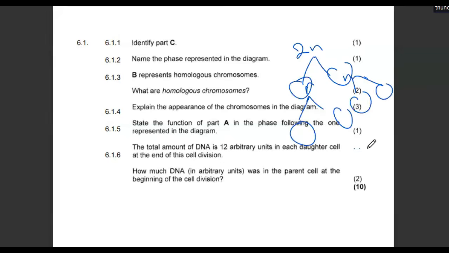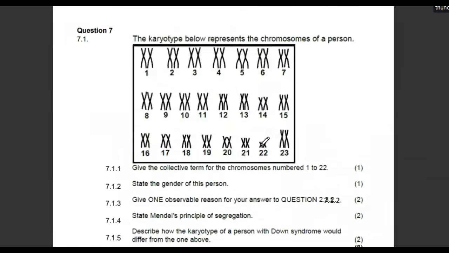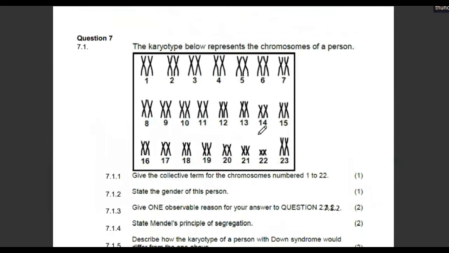So if your daughter cells are having 12 here, then to get the parent, it is times 2, which is 24. So the answer is going to be 24 DNA viral units. Don't forget to put the units as they are given to you. Many questions, you'll find them like this.